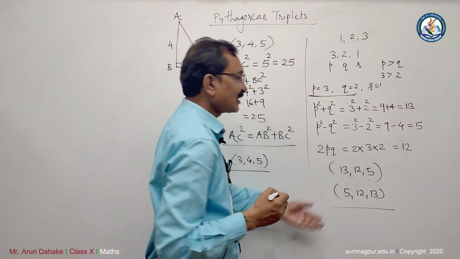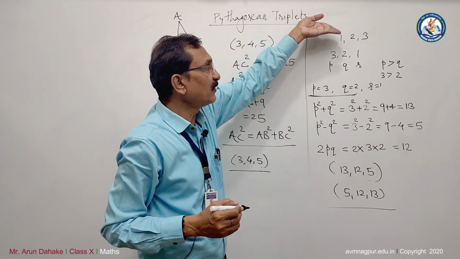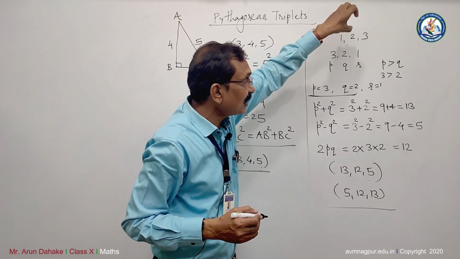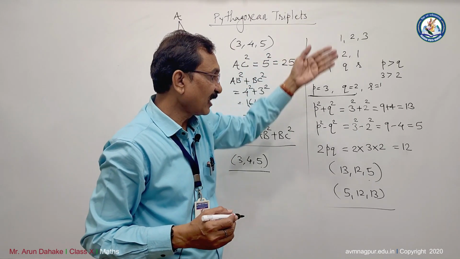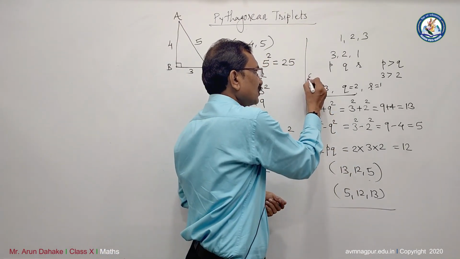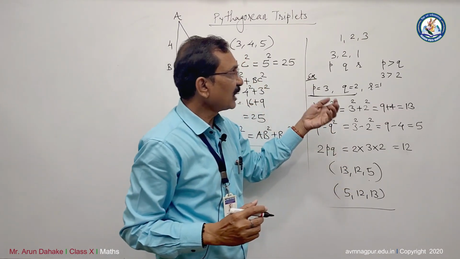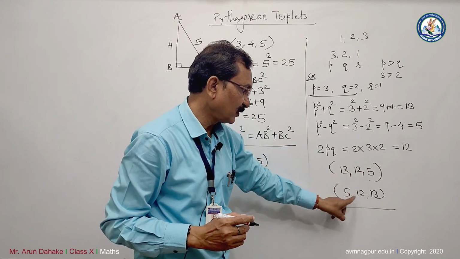Check whether the answer is correct or not. Though the numbers we have taken here, 1, 2, 3, are not Pythagorean, with the help of these numbers we can find the Pythagorean triplet, just as an example. You can take any three positive integers, and get 13, 12 and 5, that is 5, 12 and 13.